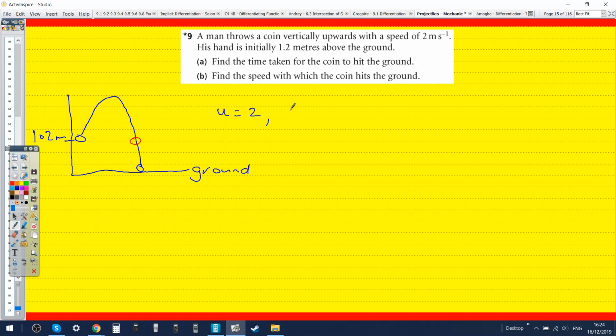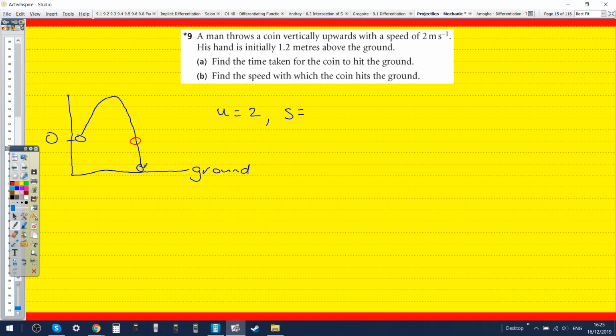Is there anything else you could say about S? It'll be X plus 1.2, if we take the height that it travels from the hand as X. What we could do is say that the height it's thrown from, if we consider that to be 0, then the height that it lands at would be what? 0, so that would be at the red part.